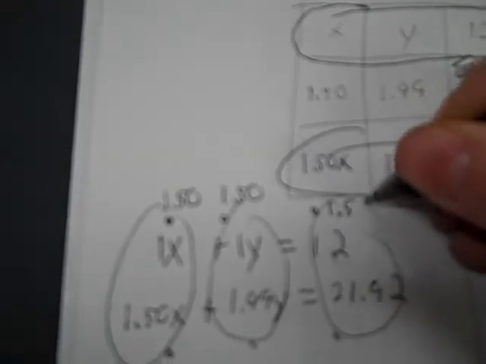Okay, so I got 1.50. Multiply everything on top by 1.50, okay? And then 1, 1, 1. So 1x times 1.50 is 1.50 with x. 1y times 1.50 is 1.50 with y.